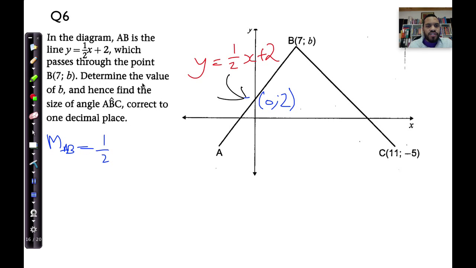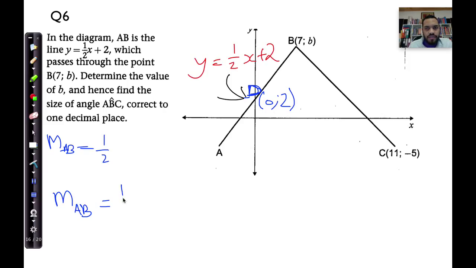Okay, so now the question is, determine the value of b. Well, I've got 2 points with one little unknown, and I know the value of the gradient. So I can construct an equation that says m_AB is equal to, I'm going to call this xb and yb, and let's call this point D, so I'm going to take the b's minus the d's.